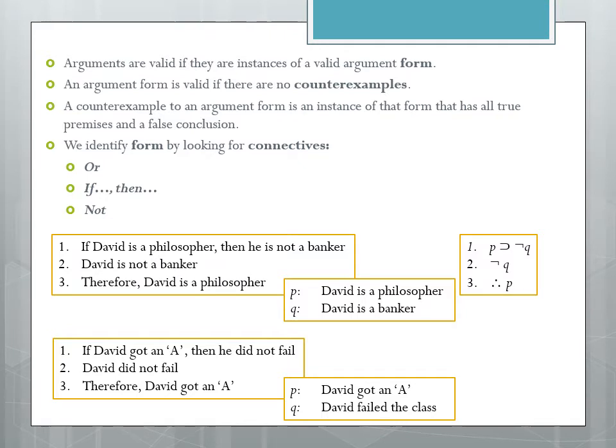And if we complete the translation, if we translate our argument from English into the symbolic language, then we get the same result as we have above. So that tells us that these two arguments have the same form. Two arguments have the same form if, in translating them into the symbolic language, we end up with the same outcome, the same result.